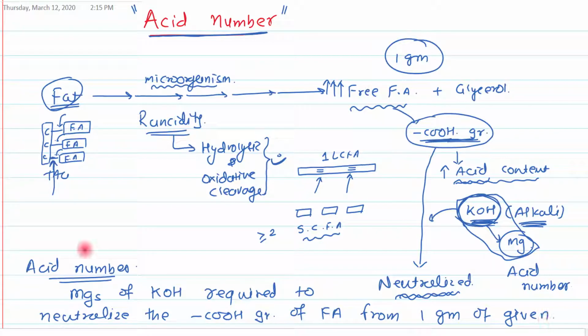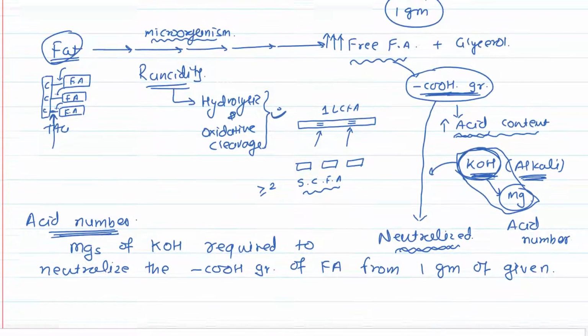So this is the definition of acid number for any fat: milligrams of KOH required to neutralize the COOH group of fatty acid from 1 gram of given fat. Now let's look at certain examples.